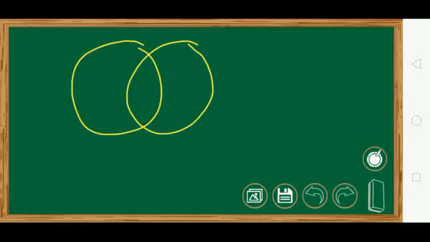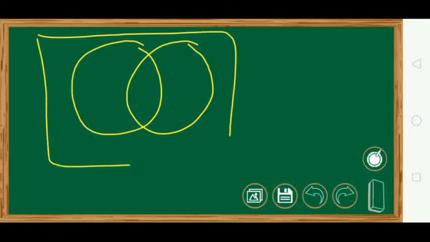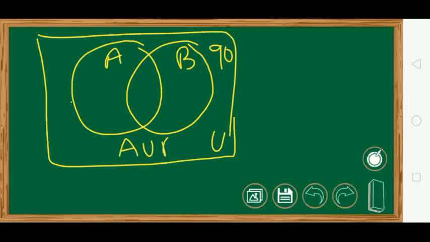The second thing you can do is represent with the help of a diagram. How to represent it? The universal set: total 90 students, so right here write U. Now this is your A, this is your B, this total shows A union B, and this part is A intersection B. How many students are drinking tea? 40, so this full circle is 40.